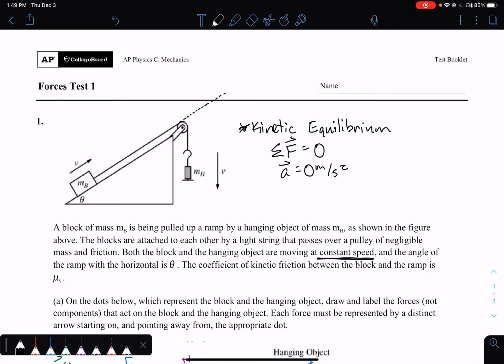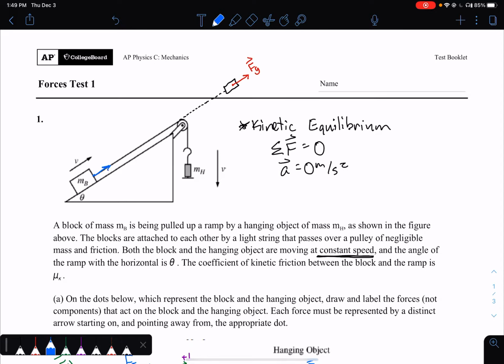It was an Atwood's machine, but it was even simpler because there wasn't any acceleration on our system.